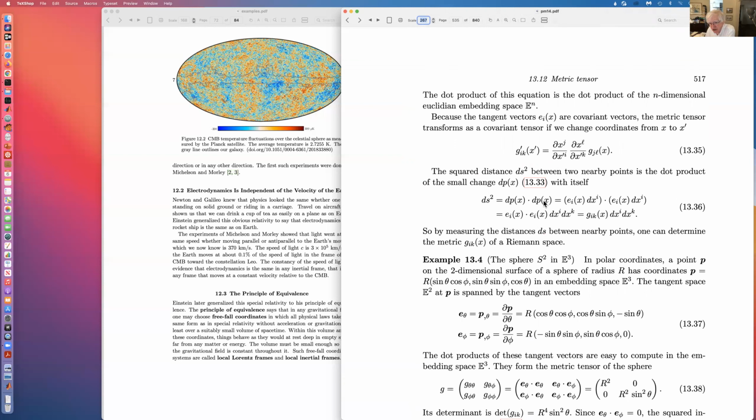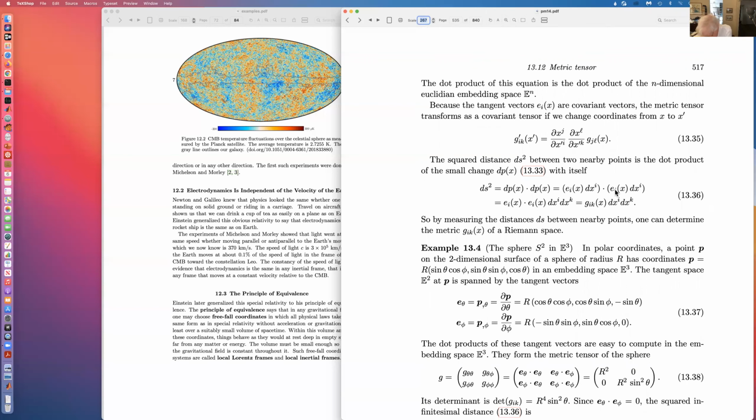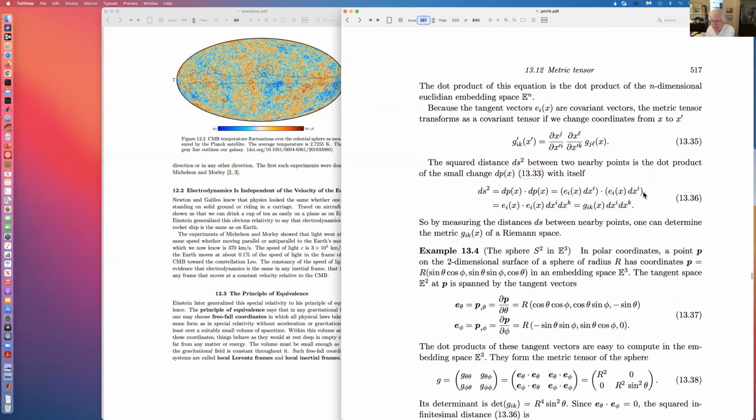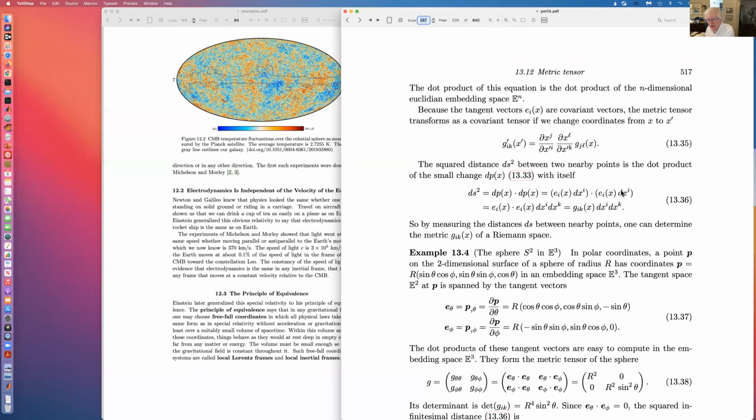The change in any point on this manifold is given by a sum over i. There would be d dimensions of that, and the d basis vectors get multiplied by dx^i, but these basis vectors are vectors in the embedding space of n dimensions, so you have an n-dimensional dot product here.